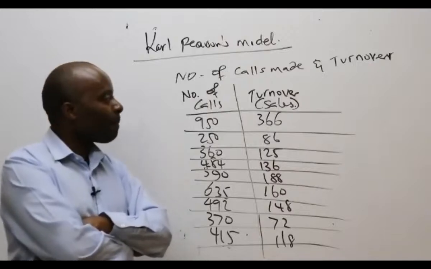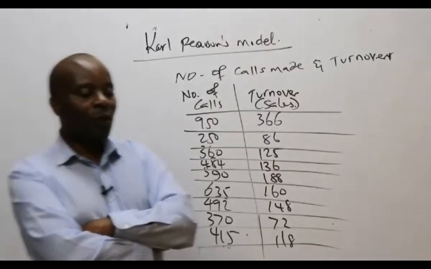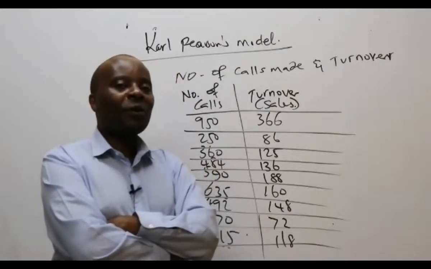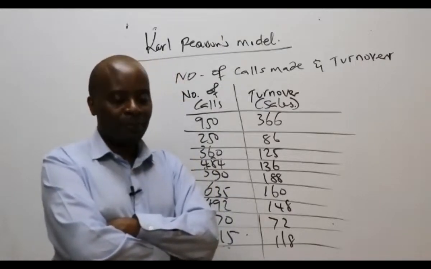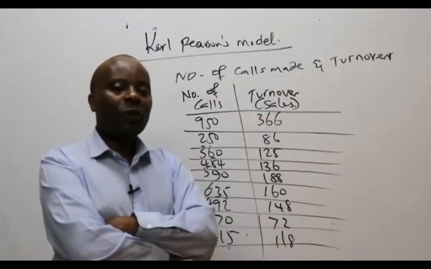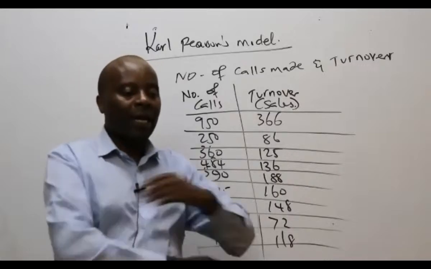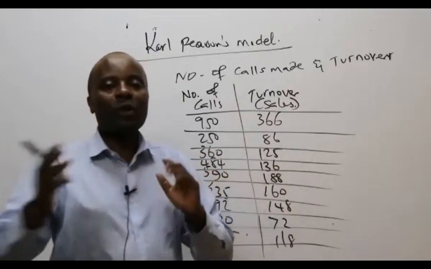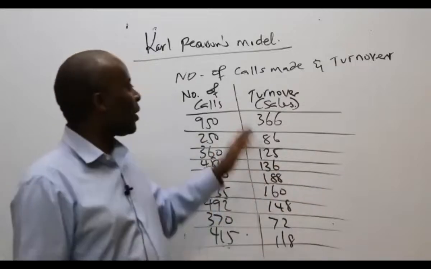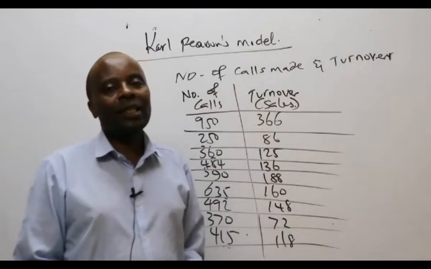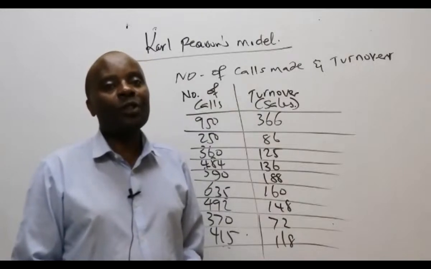So, ladies and gentlemen, if you ask those students why they are giving, for example, number of calls as X, most of them will not have an answer. Most of them will tell you that it is because number of calls happens to be the first column, and as per the chronological or alphabetical order, the first one should be X, the second one should be Y. There is nothing further from the truth than that.